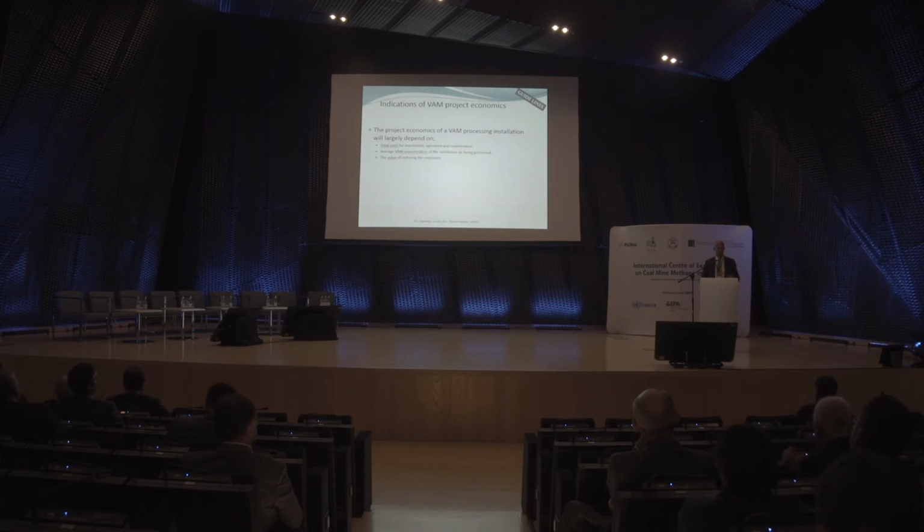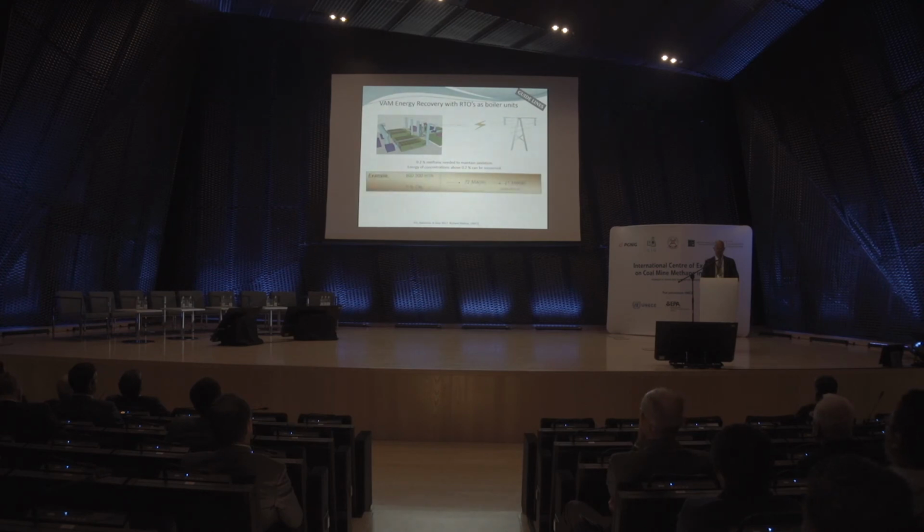So the concentration is important, and the value of reducing the emissions. So what are you being paid for reducing emissions? An example: 800,000 cubic meters of ventilation air per hour, 1% methane. You could generate 72 megawatts of thermal energy, which could be converted to around 20 megawatts of electricity.